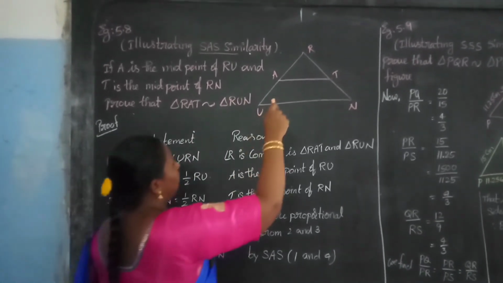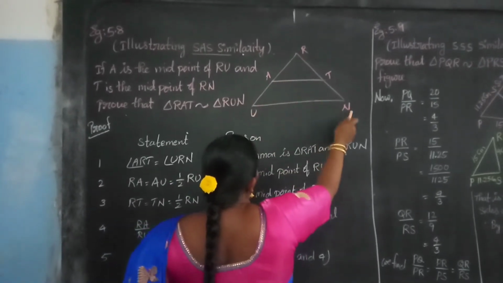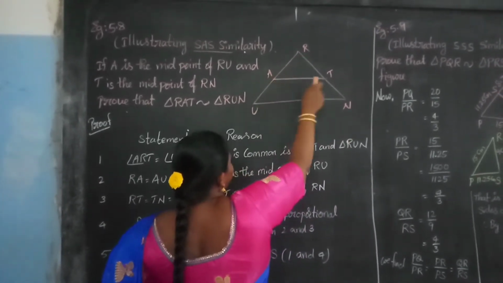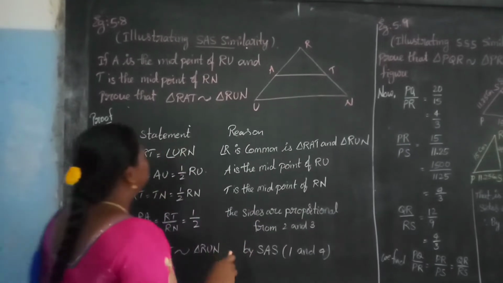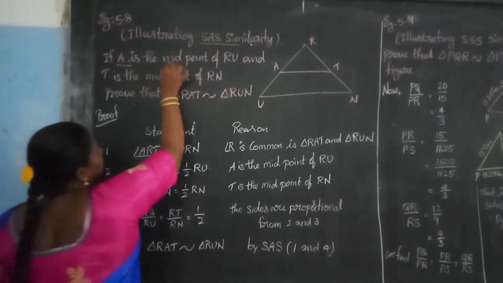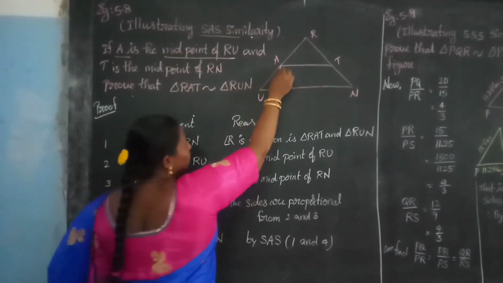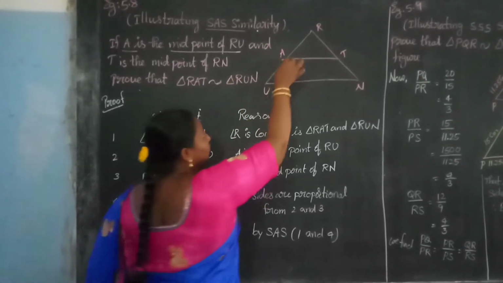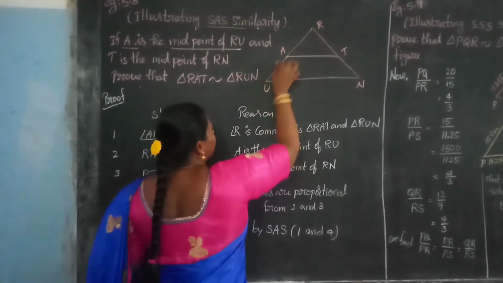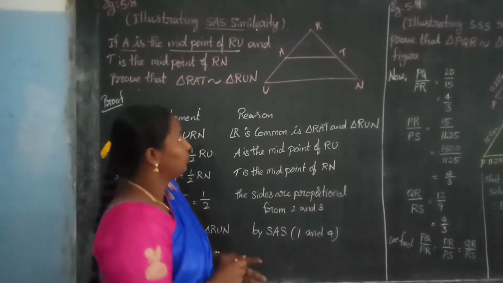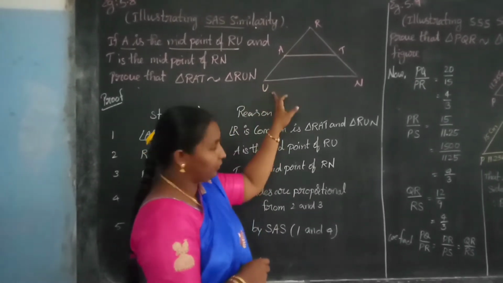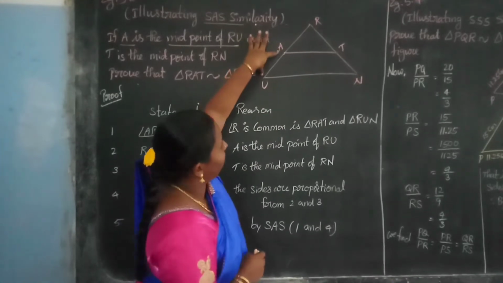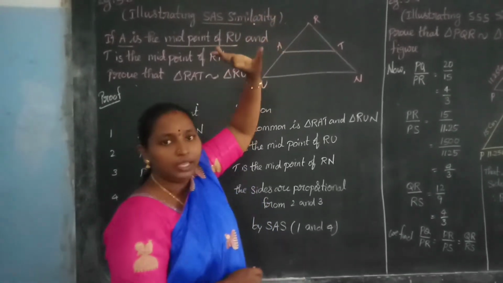So here they have given one triangle, RUN, and another triangle in between, RAT. They have given that A is the midpoint of RU. So this A is the midpoint of RU. Then AR is equal to AU. Am I right? So A is the midpoint of RU means the length of AU is equal to the length of AR.